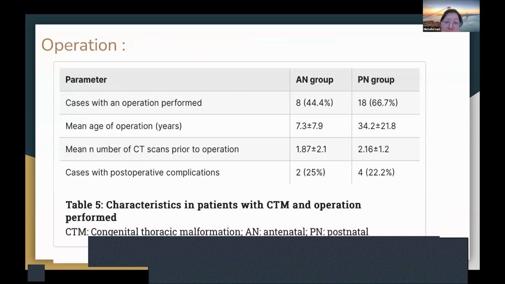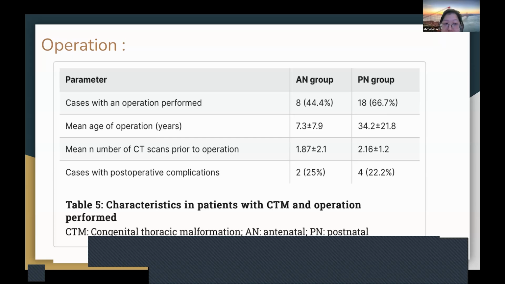Now, for the operation, both the AN group and PN group had a certain number of patients who underwent operation with the lesion removed. In the AN group, 44% of them had an operation, while in the PN group, it was 66.7%. The mean age of operation is 7.3 years old in the AN group and a much older 34.2 years old in the PN group.